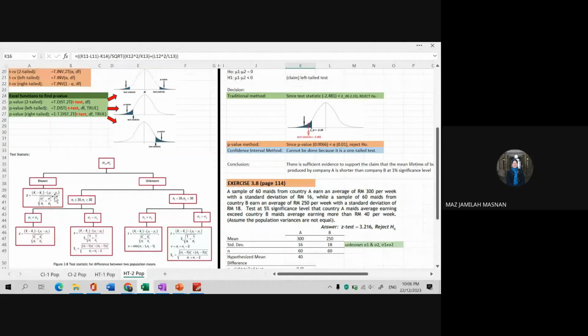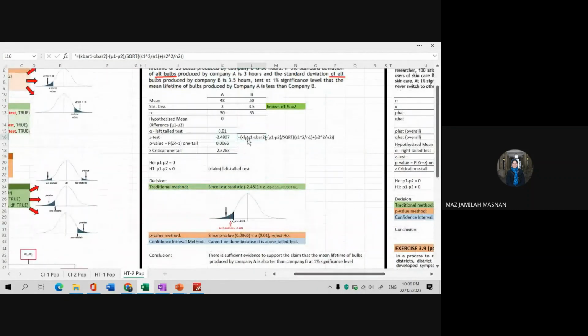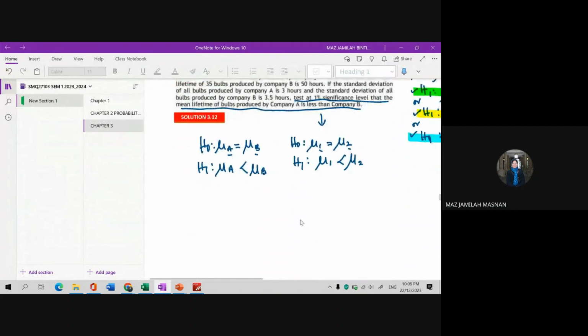This is how I found it. All the given information is used in the calculation.